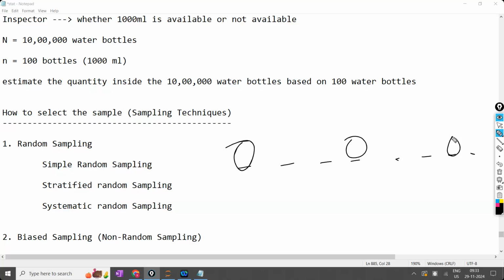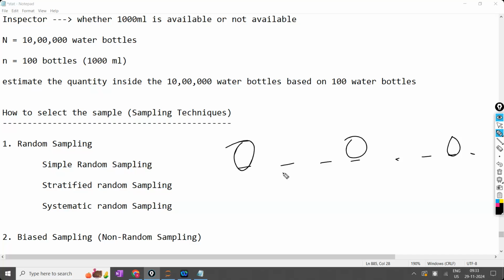This is systematic. Sir, it is systematic, no? Then where it is random? You have already fixed the numbers, no, sir. First number is in your hand only, na? If your first number was changed, according to that, remaining people also will change, right? For example, in this class, I'm assuming I want to select randomly alternate students. If I start with her, automatically who is going to be the alternate means she will be the alternate.